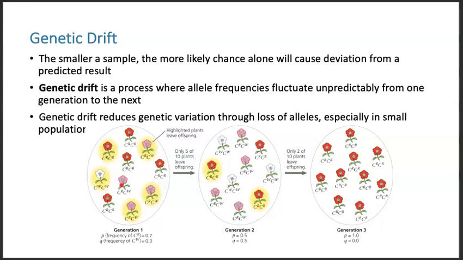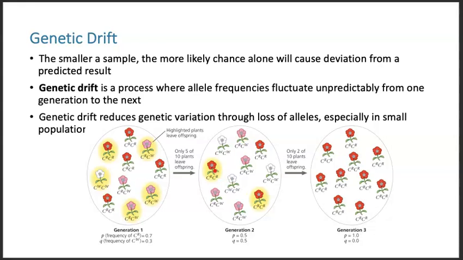And so you get this chance event where only these ones are reproducing. If that's the case, then the population will have changed over time from one generation to the next. And so the ones that survived reproduce, and we get more white and pink flowers in this generation.